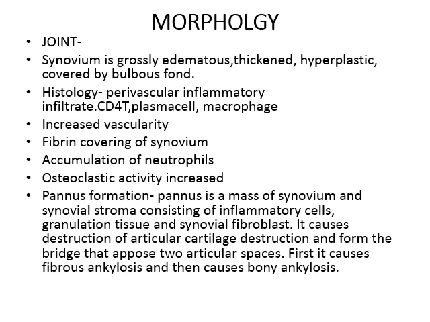So, this bridge formation occurs through fibrous tissue in case of fibrous ankylosis and through bony tissue in case of bony ankylosis. Ultimately, joint space narrowing occurs. So, the pannus is the pathognomonic feature of joint involvement in rheumatoid arthritis.